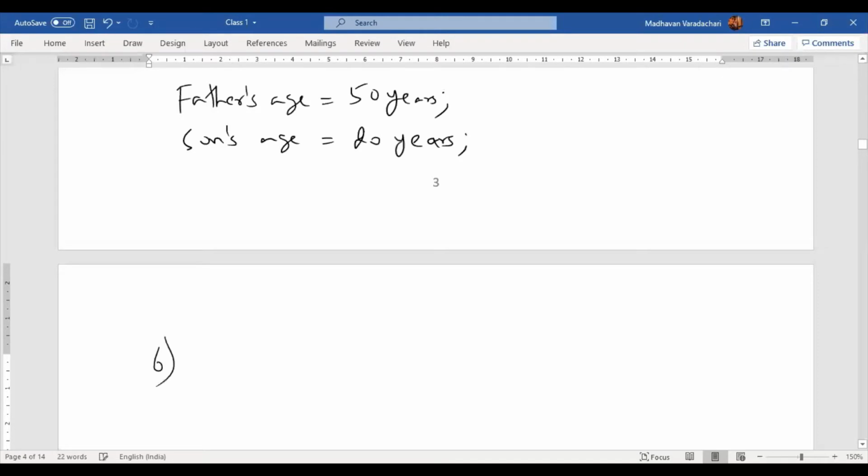Sixth question. Product of two numbers is 3200.